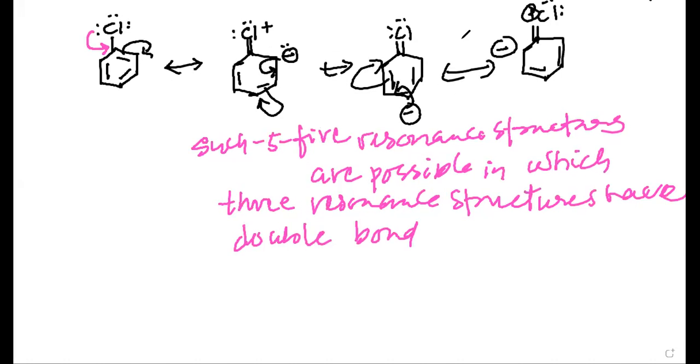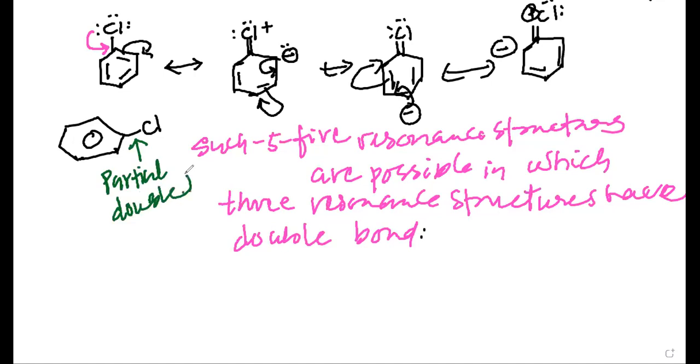So these three resonance structures have double bond, and that is why we can say that this chlorobenzene, if we represent it in this way, this bond has got partial double bond character.